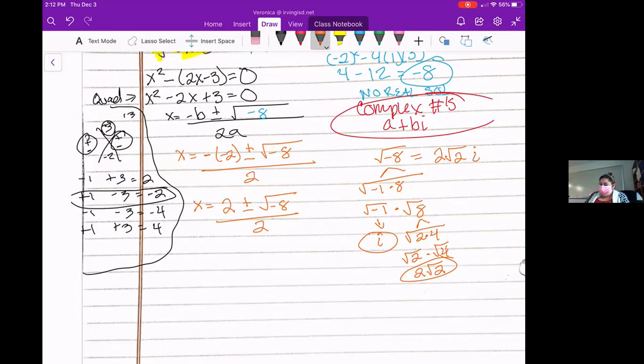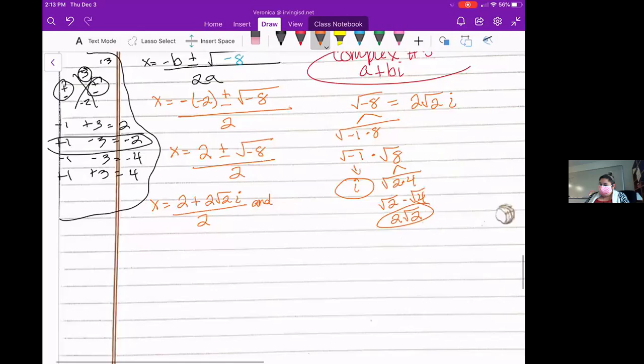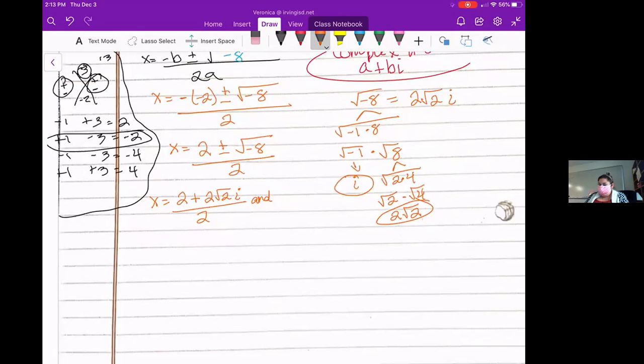So we're going to have x equals 2 plus 2 square root of 2i divided by 2. And we're going to have, I don't want to squeeze it in, okay, 2 minus 2 square root of 2i over 2.